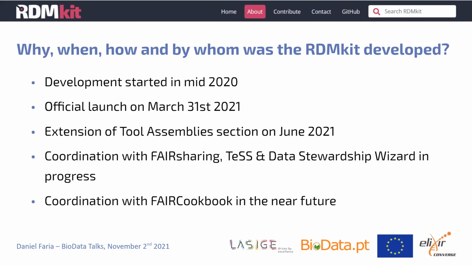We had an extension in June, and we are currently working on the coordination with FAIRsharing, with TeSS, and with the Data Stewardship Wizard to make the connection between these resources and the RDM Kit deeper. And for the near future, we will be doing the same for the FAIR Cookbook.